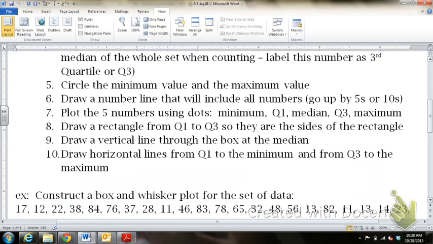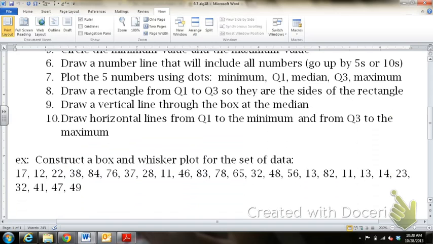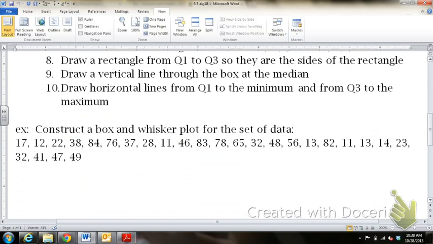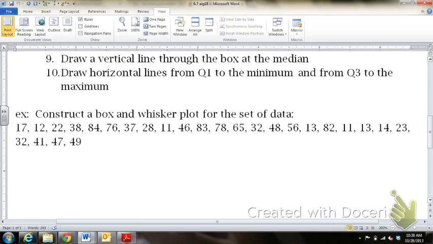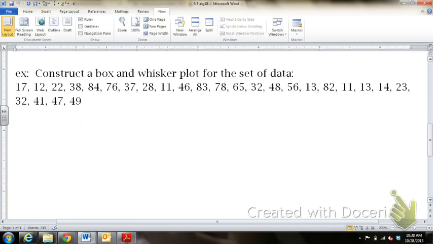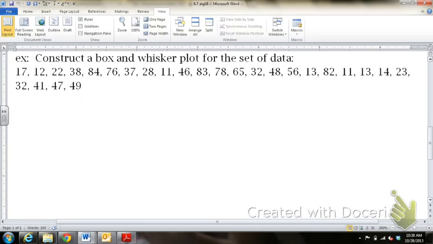All right, so let's try this. We have a whole bunch of numbers, so the best thing to do first is to put everybody in order. Okay, so my smallest number seems to be 11, and 2 of those.